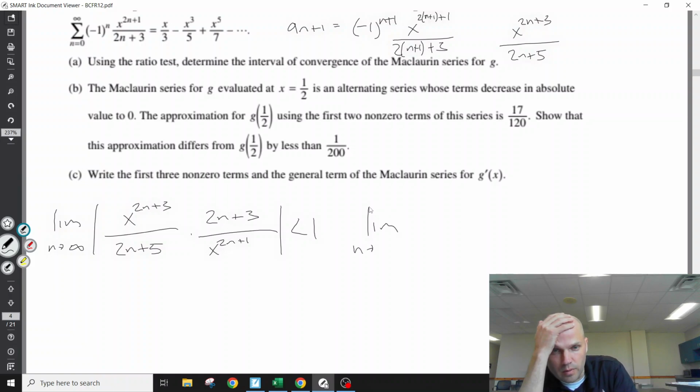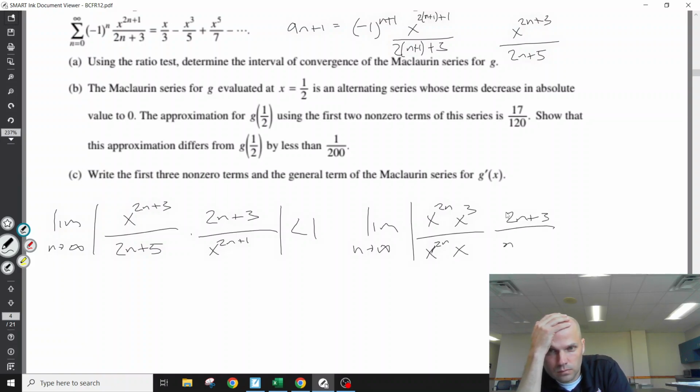This was a tricky one, I remember this year, because of this x squared deal. It turns into x squared, which goes to 1 as n approaches infinity.